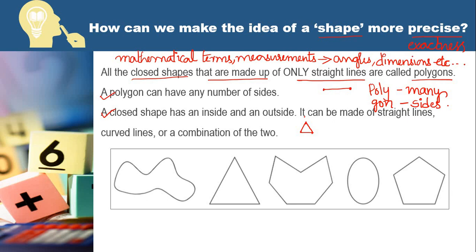And a closed shape that is made up of only straight lines is called a polygon. A polygon can have any number of sides, and a closed shape has an inside and an outside. It can be made of straight lines, curved lines, or a combination of the two.